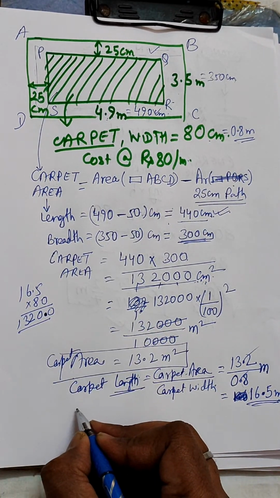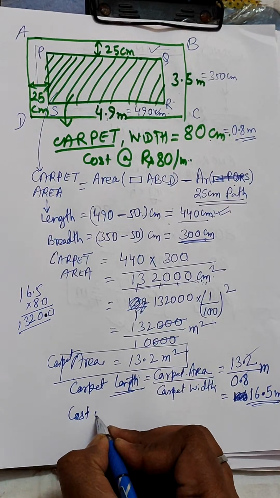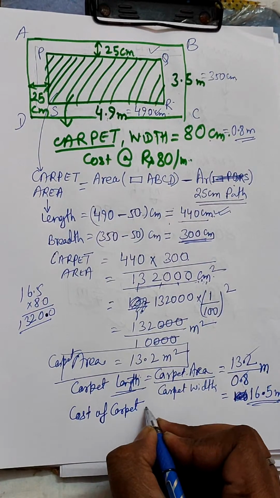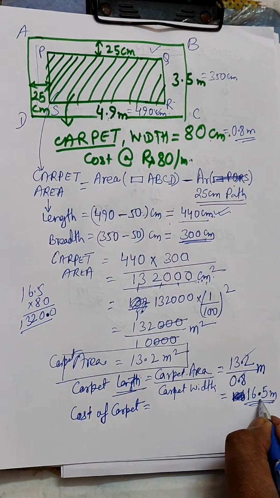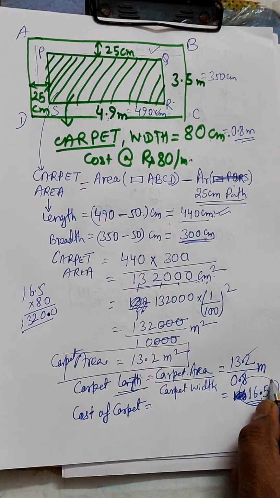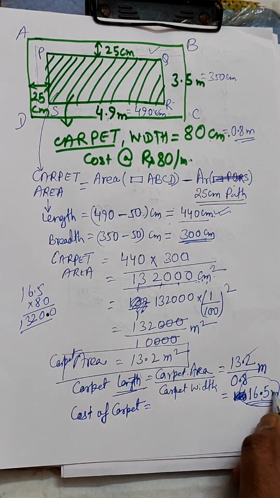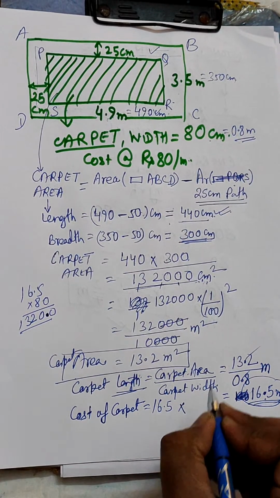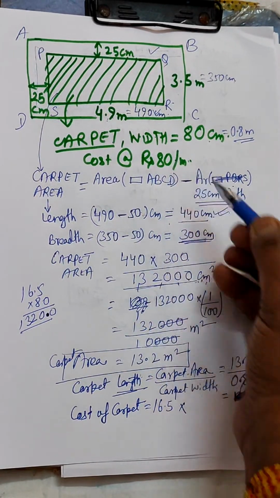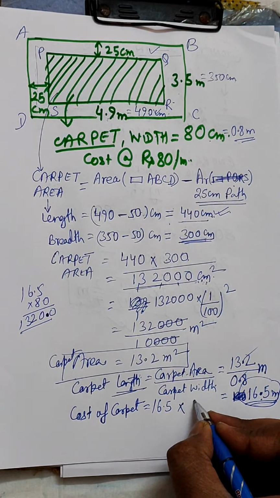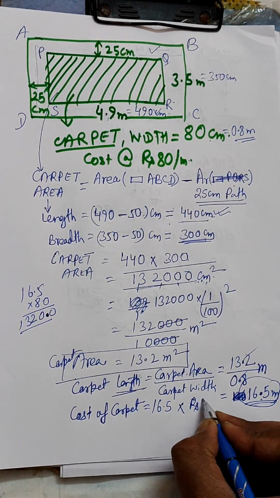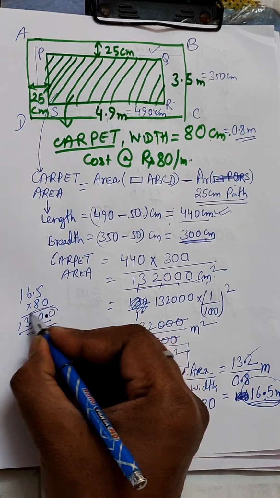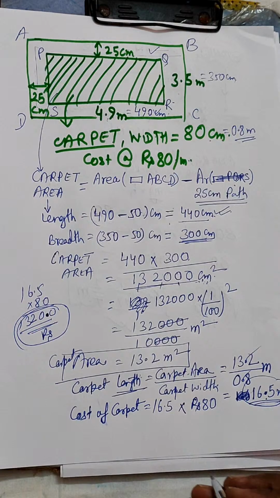So the cost of carpet is calculated as this length, 16.5 meter, multiplied by the cost per meter rate, that is rupees 80, which will give you rupees 1320.